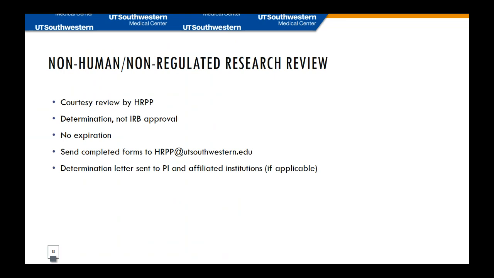Examples of these types of reviews are non-regulated, so this could be quality improvement, quality assurance, health surveillance, or program evaluations. And then non-human research would be considered deceased subject research, leftover de-identified specimens, commercial cell lines, and or data and specimens received from a repository that is de-identified.